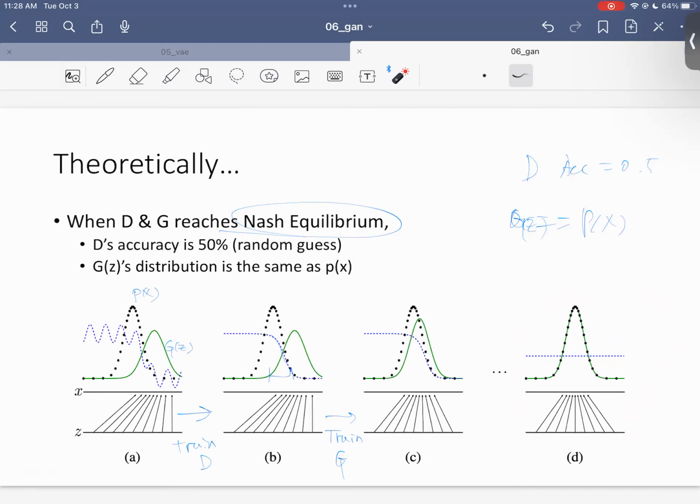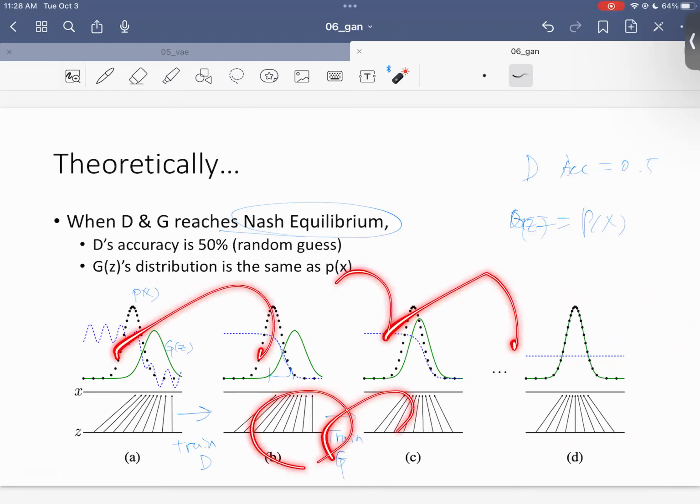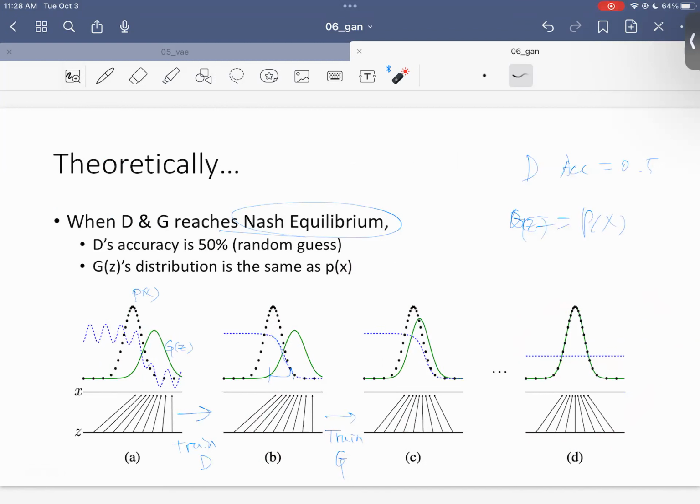So that could be a good indication. Every single time you update theta D and theta G, you can print out the accuracy of D. And when it is oscillating between 0.48 and 0.52 or whatever, then you can assume that, okay, since accuracy is almost 0.5, maybe I've reached the equilibrium. That is one way to do it.